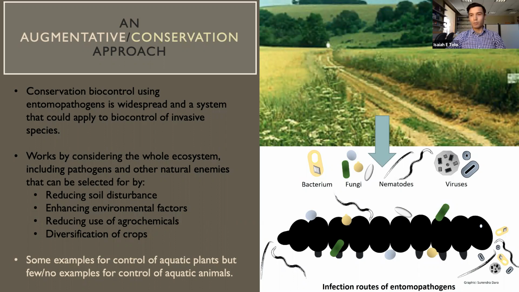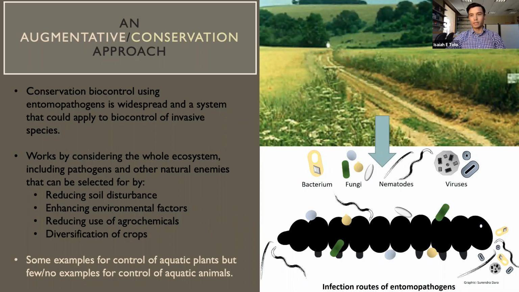So the use of entomopathogens is pretty widespread and really common in the United States. It works basically by understanding the ecology of your system really well, trying to do things like maybe reduce soil disturbance and enhance those pathogens in different ways so that they can control your species of interest.